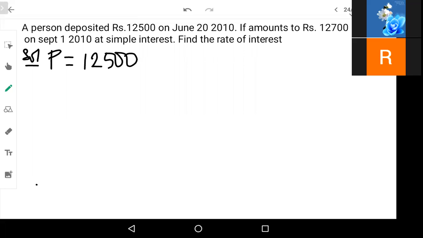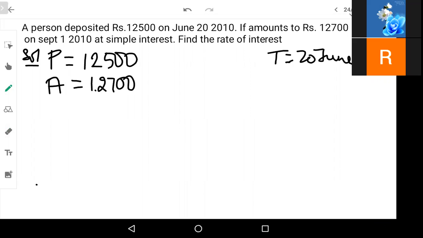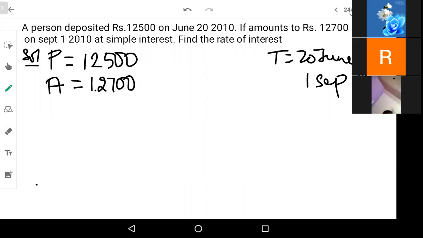Okay. And it is on June. The time is June 20th, or you can first write the date: 20 June 2010 is the date. And that has grown to 12,700 by 1st September 2010.